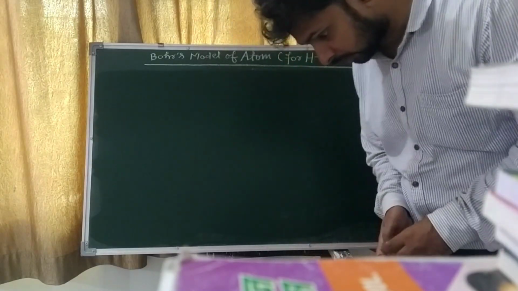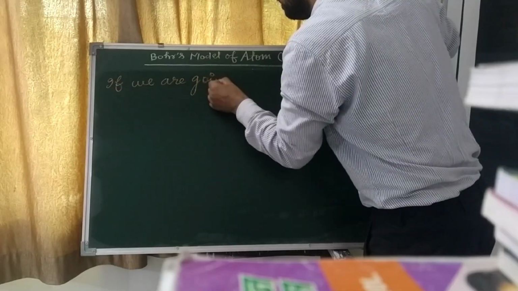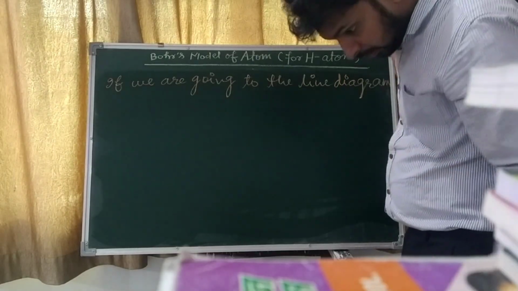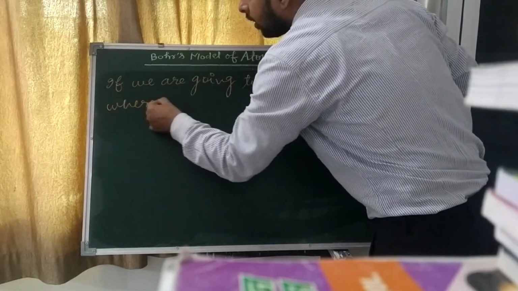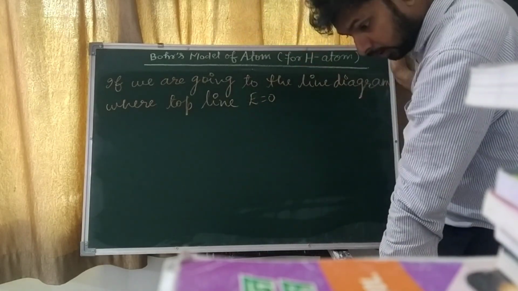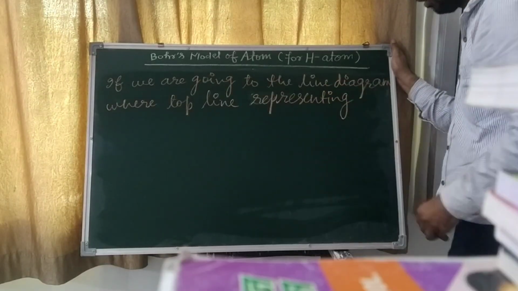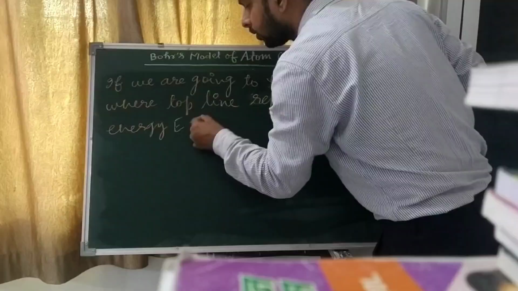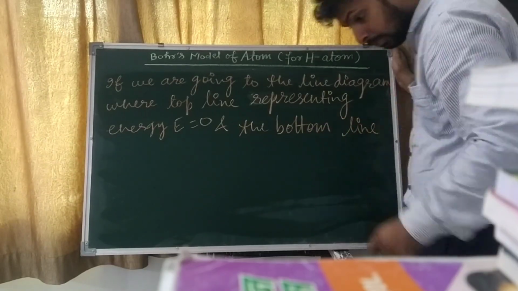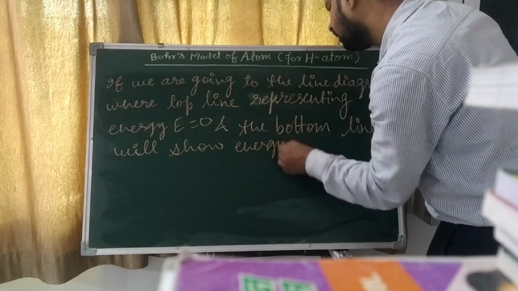In the same way, if we go to the line diagram, the top line is representing energy E equal to 0, and the bottom line will show energy E1 equal to how much?